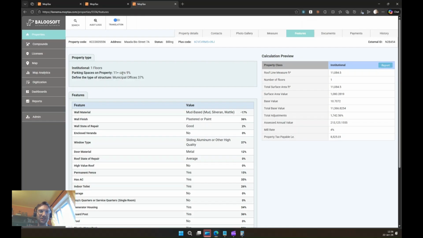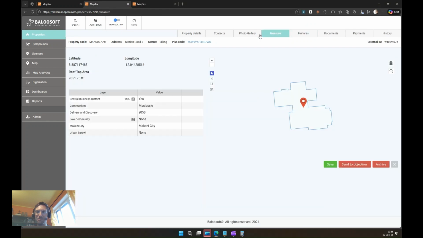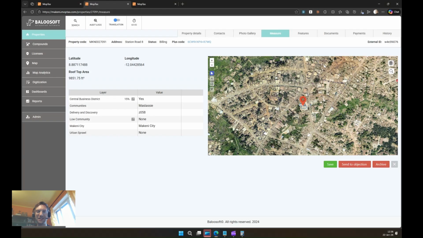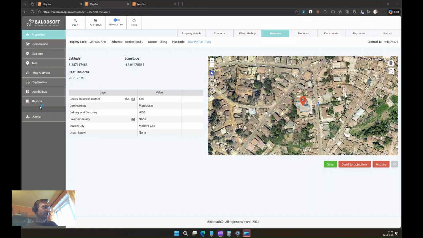And if you have any GIS based or location based variables, any weights that come from GIS layers, those are seen on the measure tab instead of the features tab.